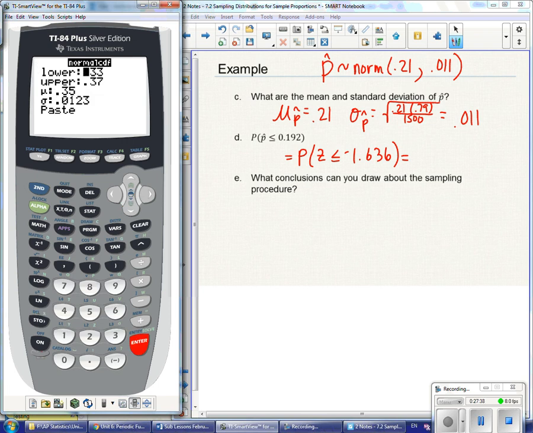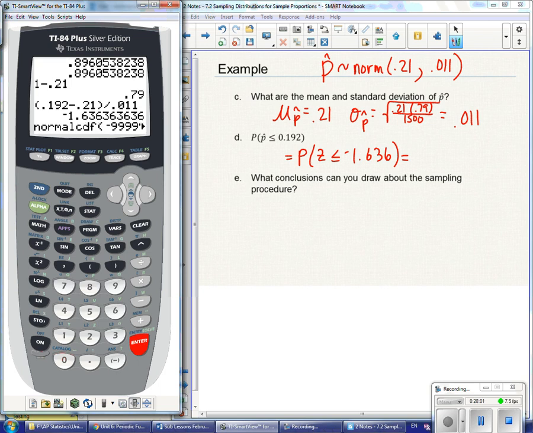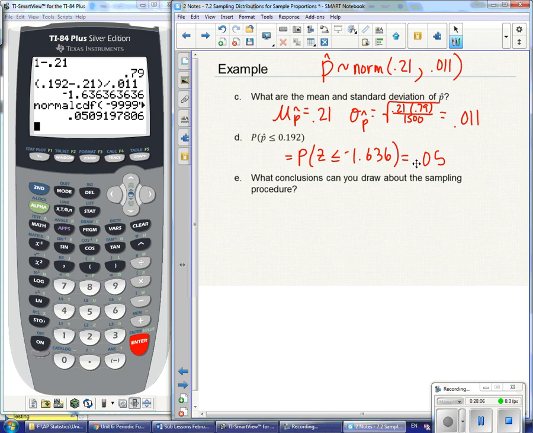My lower bound, I don't know. It's negative infinity, so that's where I'm going to go ahead and type in a bunch of negative 9s. And then again, it's up to you if you want to use the distribution of p hat or z. I'll go ahead and use z this time. So I'm going to type in a negative 1.636. And since I'm using z, the mean of that distribution is 0, and the standard deviation is 1. And so the probability is 0.051, essentially.